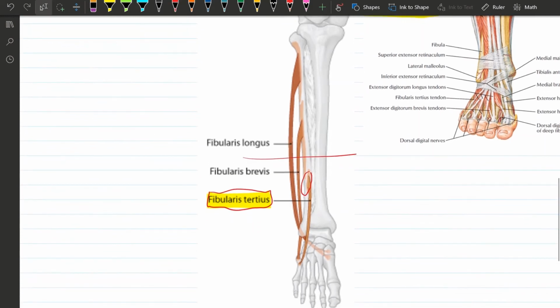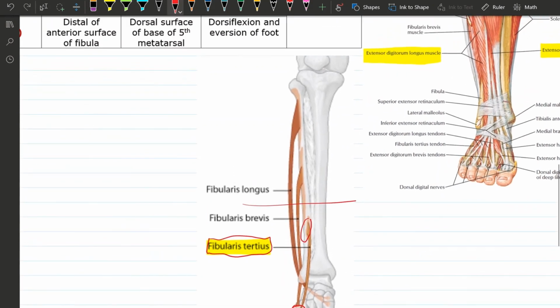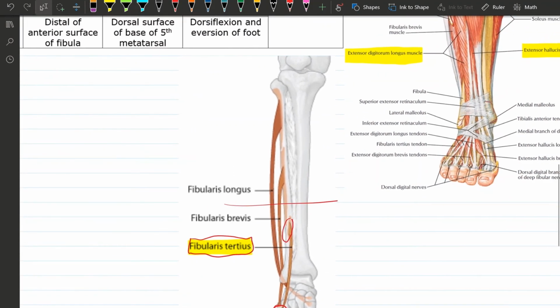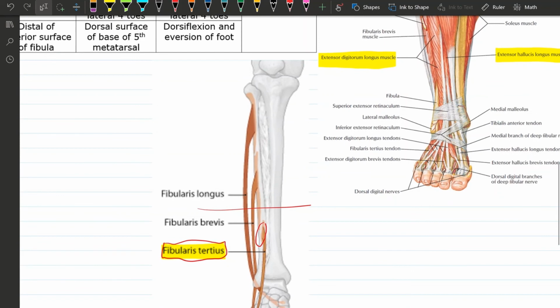If we follow along the muscle, it's going to insert right around here, at the fifth metatarsal, and that's its insertion. It's going to induce the action of eversion of the foot as well as the dorsiflexion of the foot. And like the other muscles, it's going to be innervated by the deep fibular nerve.